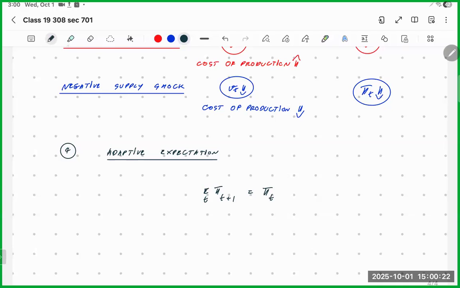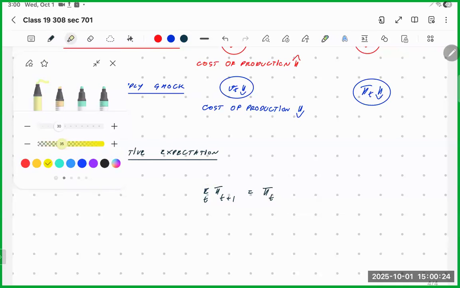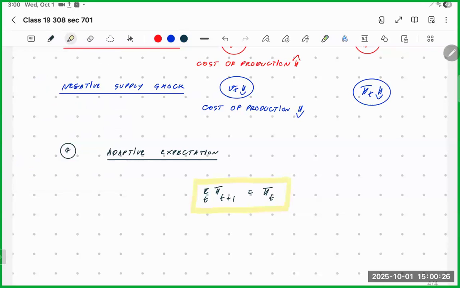This equation means that when people think today about how inflation is going to be tomorrow, inflation tomorrow that people think always equals inflation that happened today. This is the meaning of this equation.